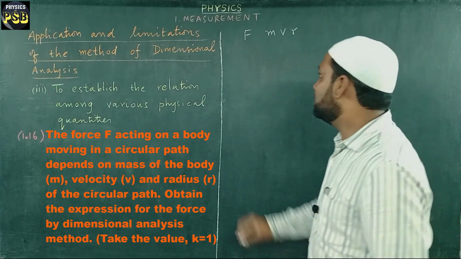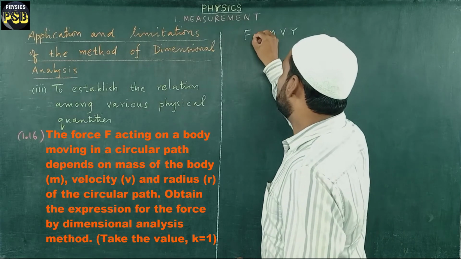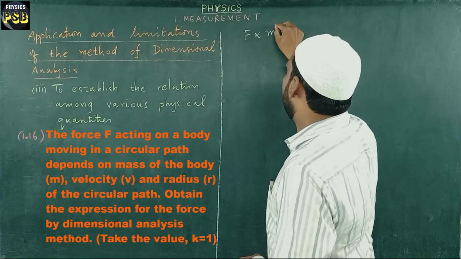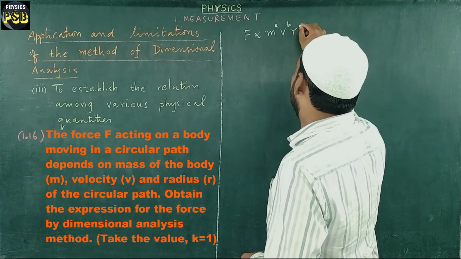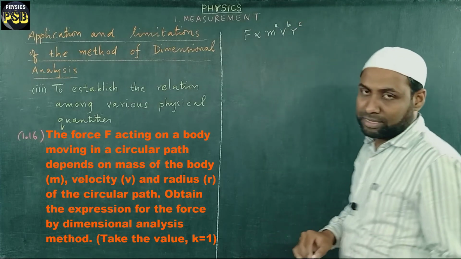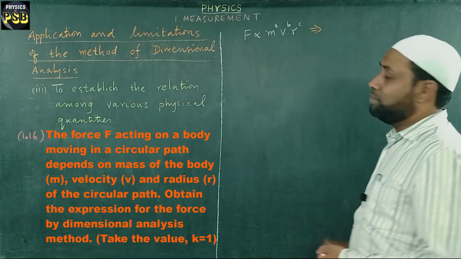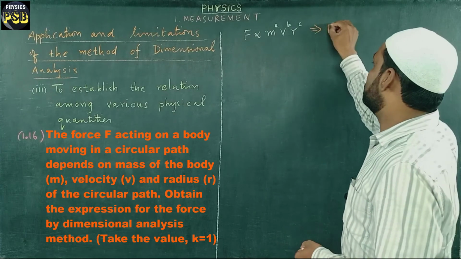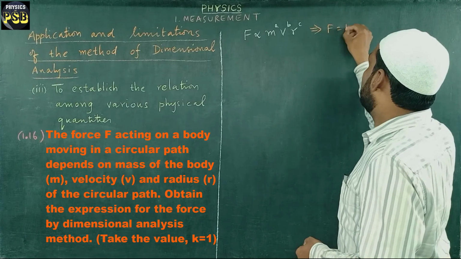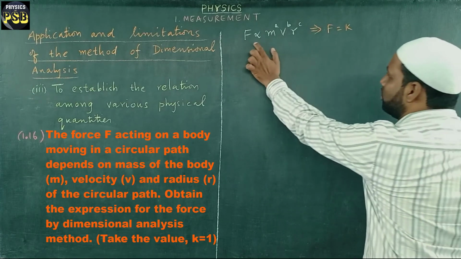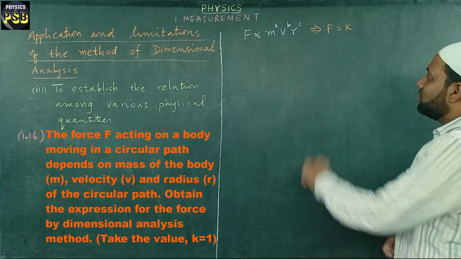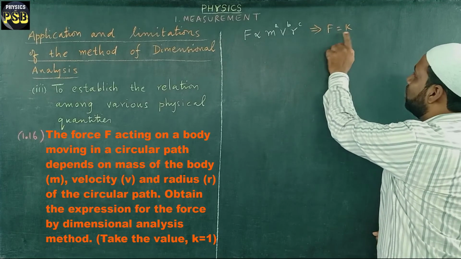So we relate this as F is directly proportional to m power a, v power b and R power c, something like this. Then this can be written as F equals K. What I have done? Here I have removed proportionality, and in the place of that I included equal to sign with a constant.